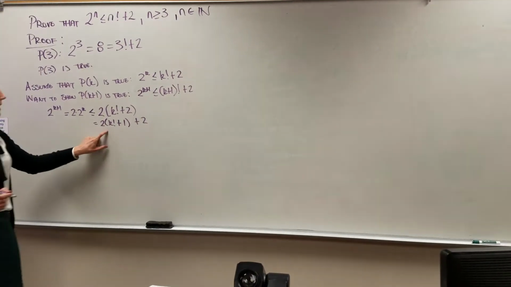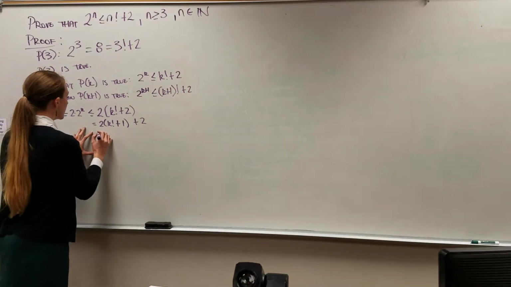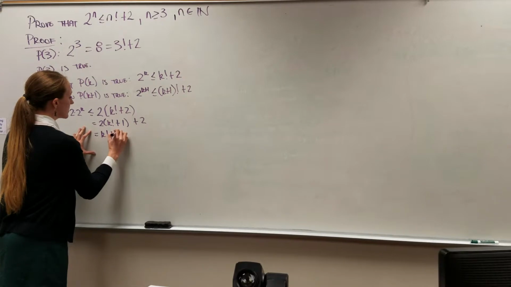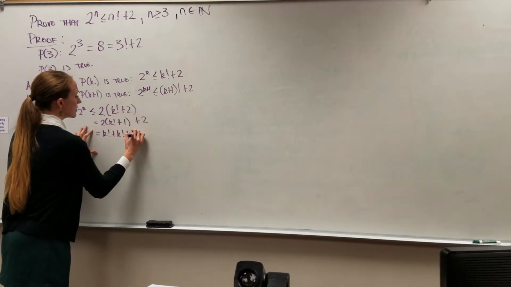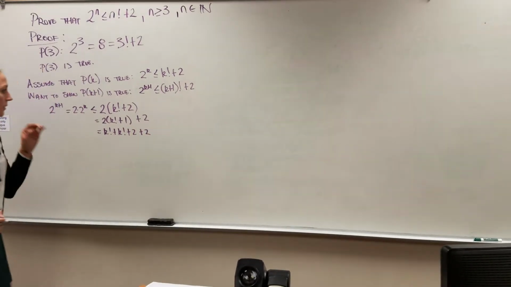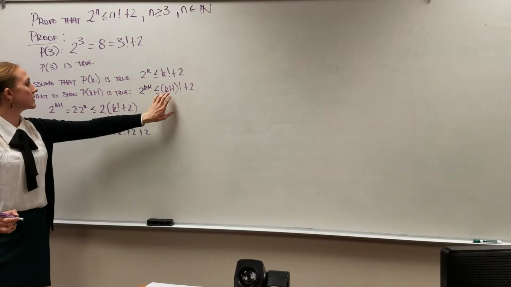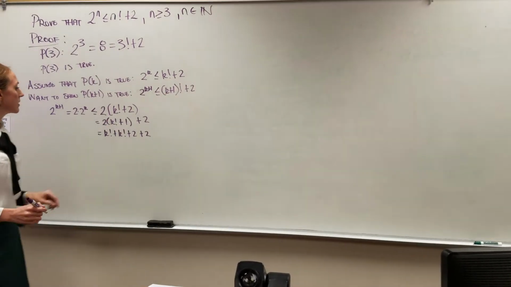And then I notice that if we leave this, we have k factorial plus k factorial plus 2 plus 2. So now I want to show that this is less than or equal to this.